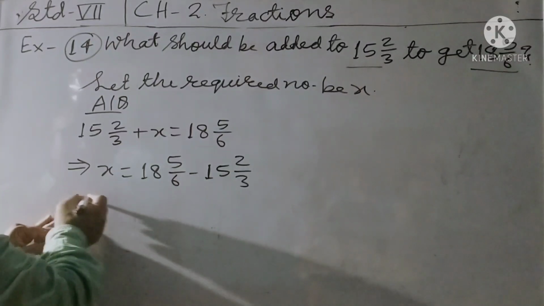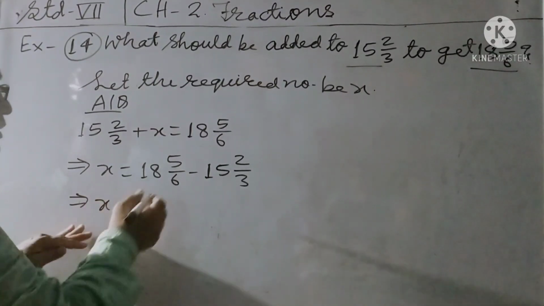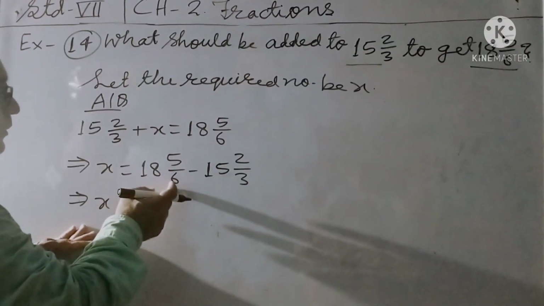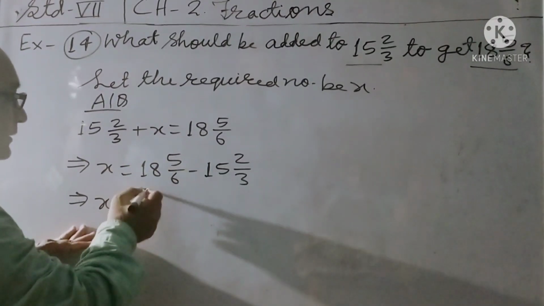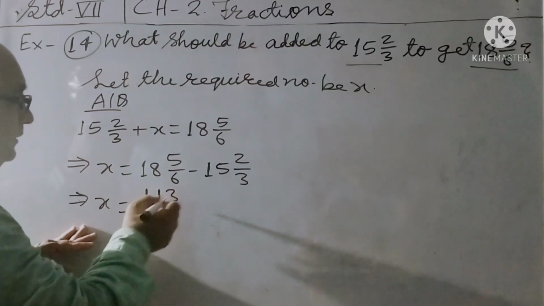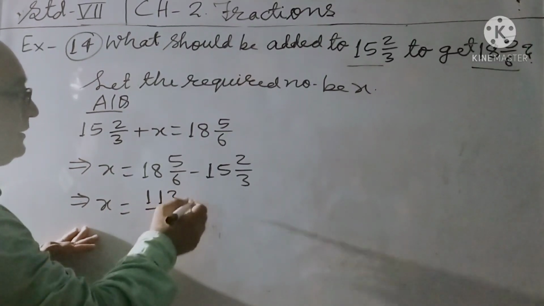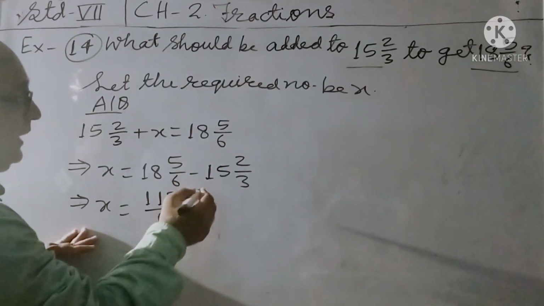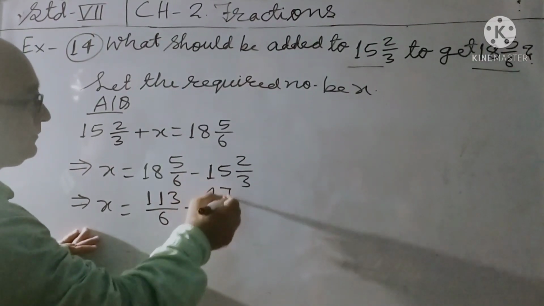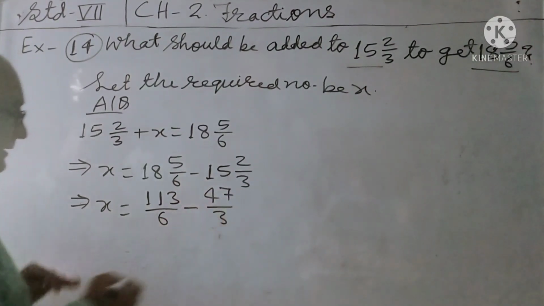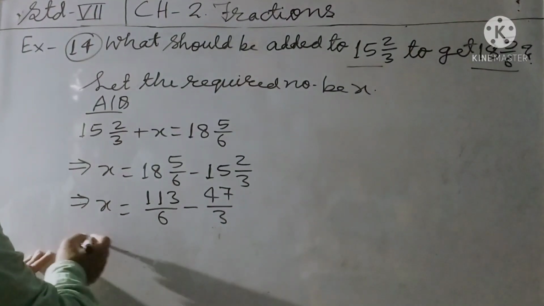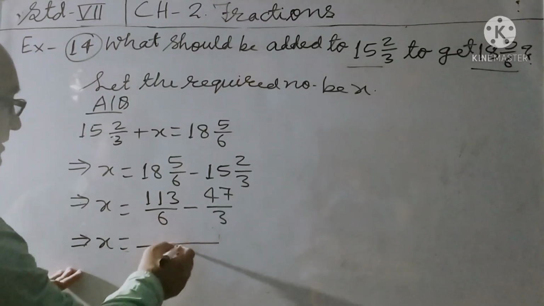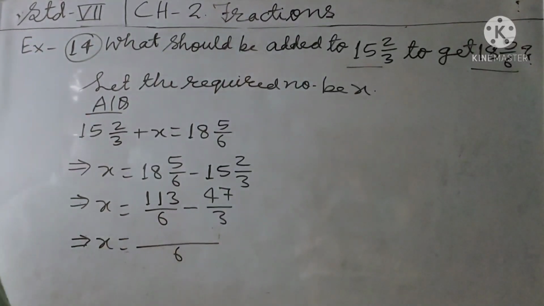That implies x equal to 18 sixes are 108 plus 5, 113 by 6, minus 15 threes are 45 plus 2, 47 by 3. LCM of 6 and 3 is 6.